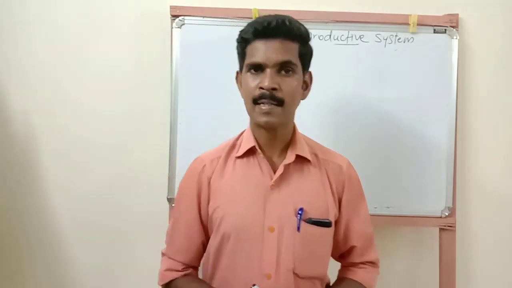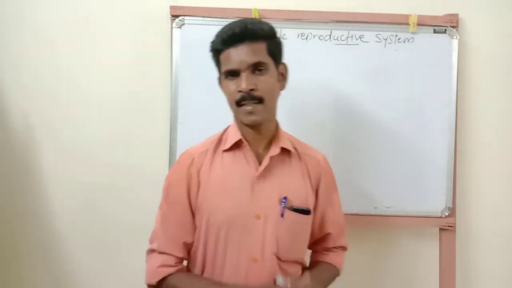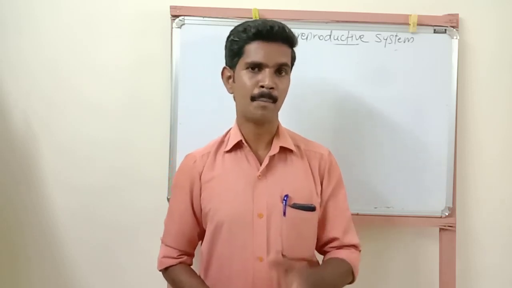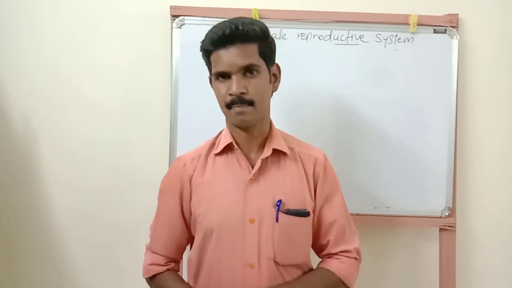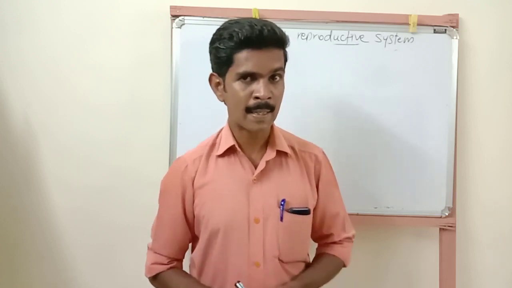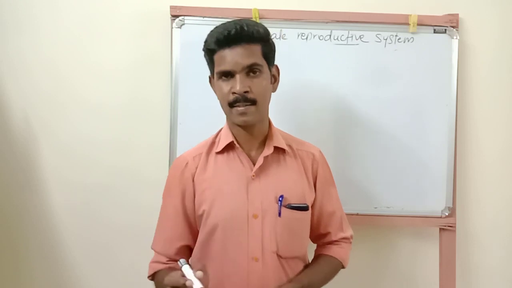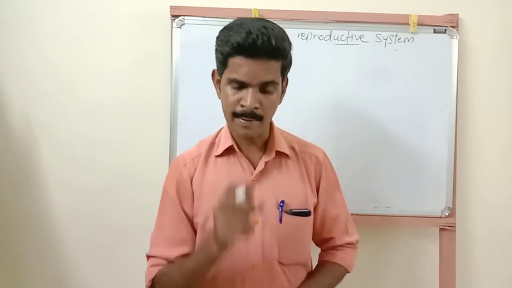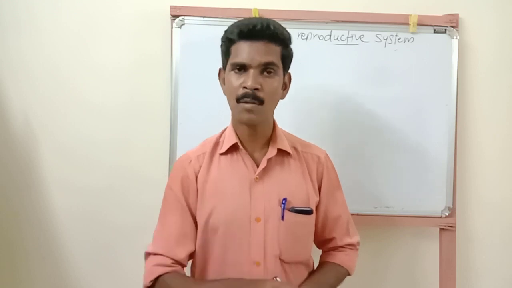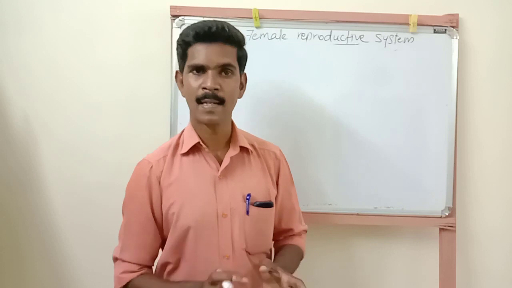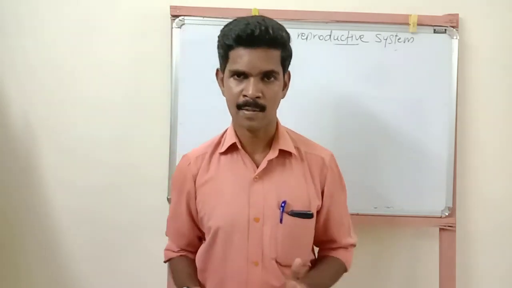The mammary glands are modified sweat glands, and this gland is present in both male and female human beings. This mammary gland is otherwise called the milk producing gland. But in the male body, this gland is not doing any function.